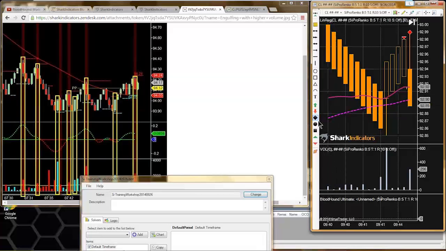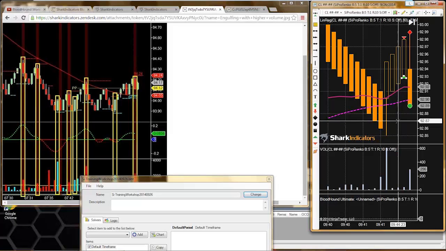And then we'll be comparing the low of the current bar to the low of one bar back, like so, right?